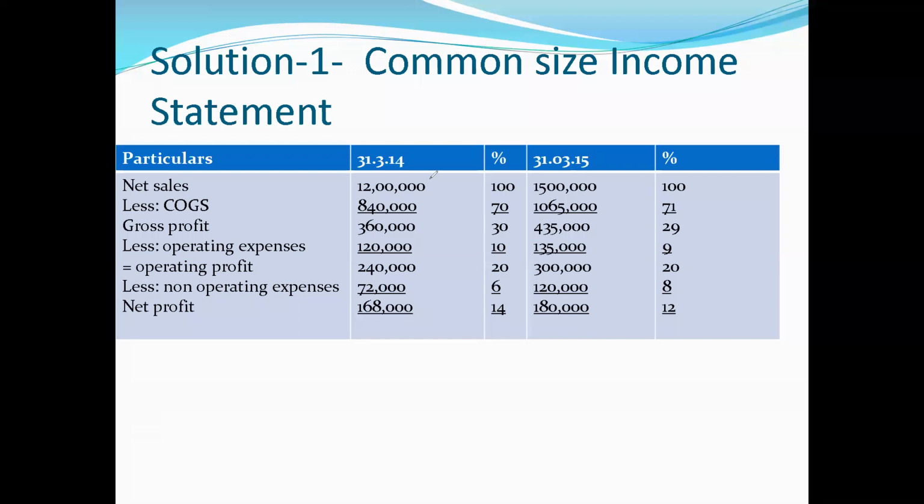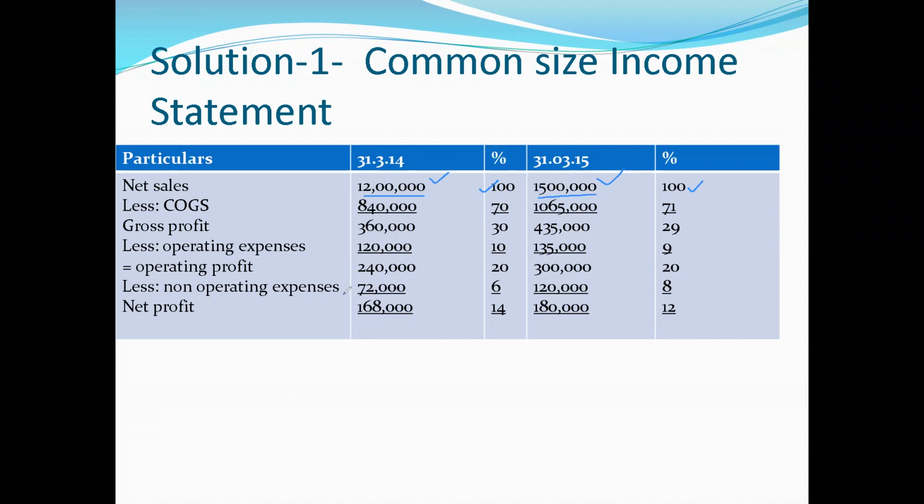Now we have all the values of 2014 and 2015. Now we have to calculate the percentage. As I have discussed, we'll take net sales as the base value. That means 12 lakh would be the base for 2014 and 15 lakh would be the base for 2015.